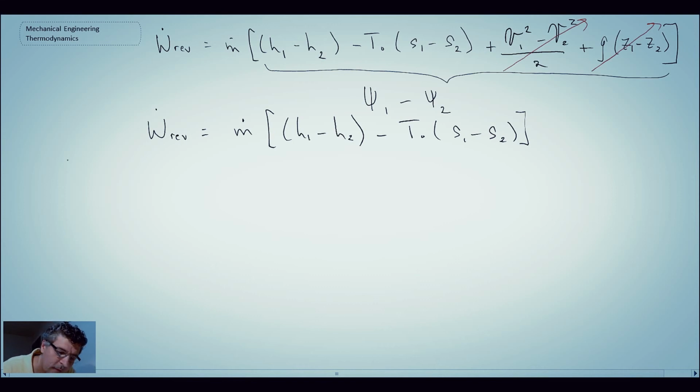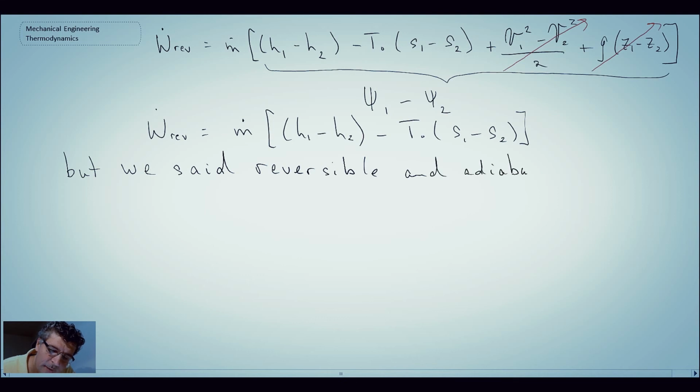but remember, we did say that this was reversible and adiabatic. So if we said reversible and adiabatic, that is isentropic, which we know means that the entropy does not change.